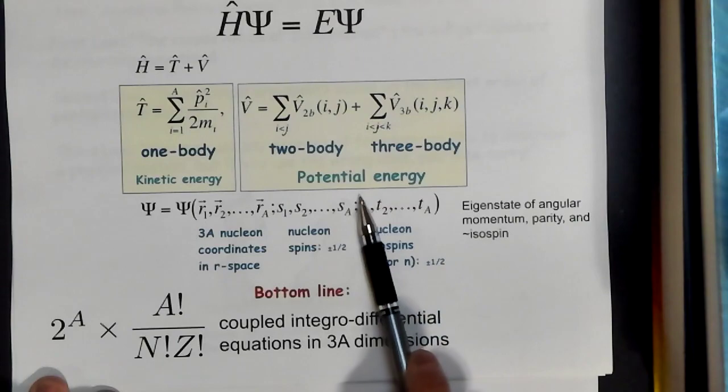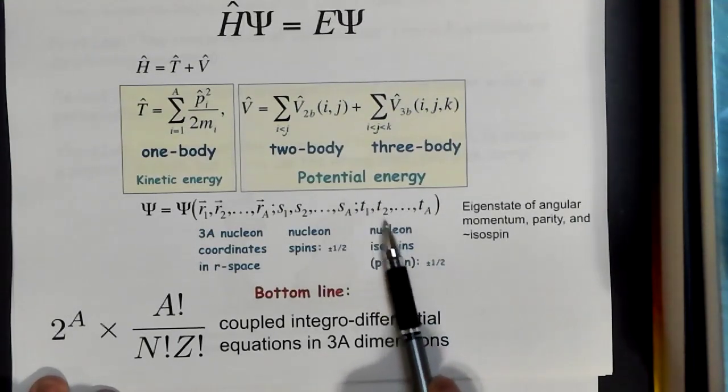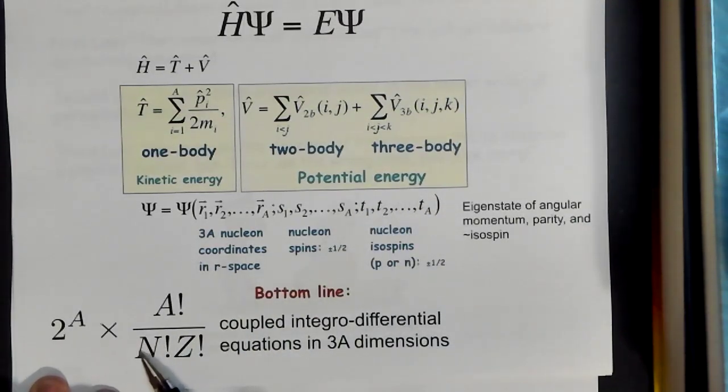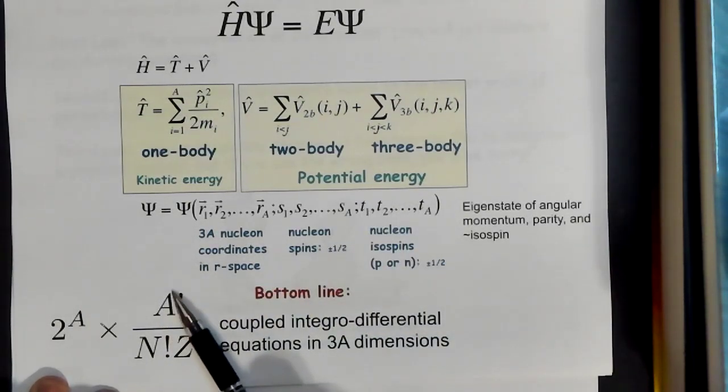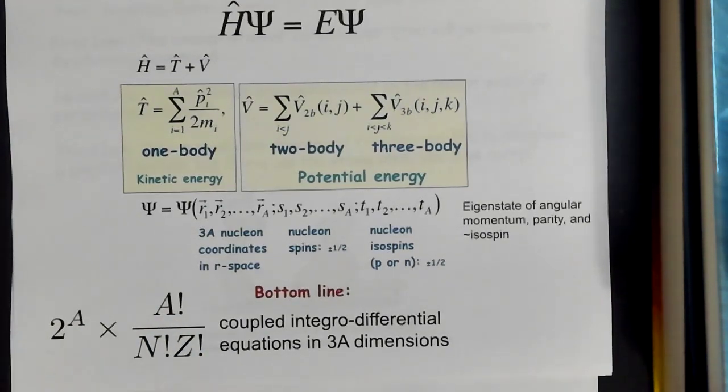And then we will have all of these nucleon isospins, protons or neutrons. So if I have N neutrons and Z protons, the number of ways of choosing which ones are protons and which ones are neutrons will be A factorial over N factorial times Z factorial.